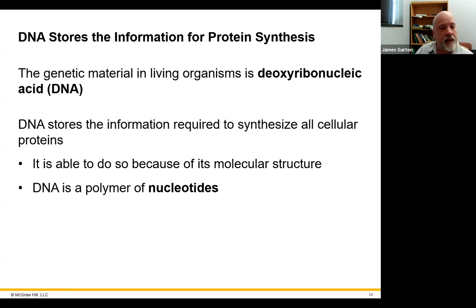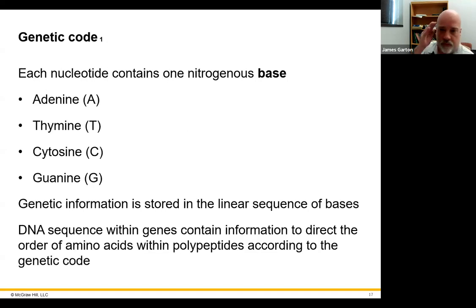And we've described DNA as a polymer of repeated nucleotides, just over and over and over again. Now, as far as I know, DNA has four bases in it. There might be the occasional exotic base, but usually we say there's adenine, thymine, cytosine, and guanine.